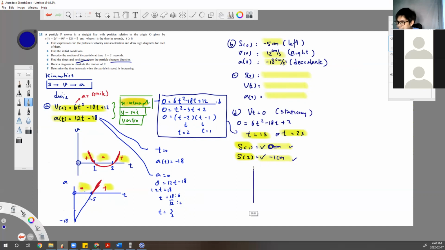This is the S axis, this is the t axis, and the initial position is at negative 5. We already did that previously, negative 5, right? So this is negative 5, and at t equals 1, it is 0. At t equals 2, it is negative 1.